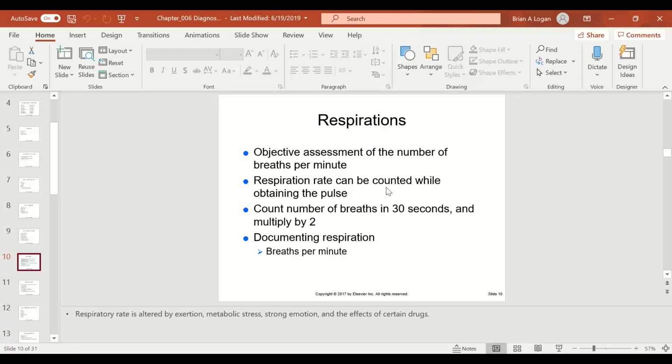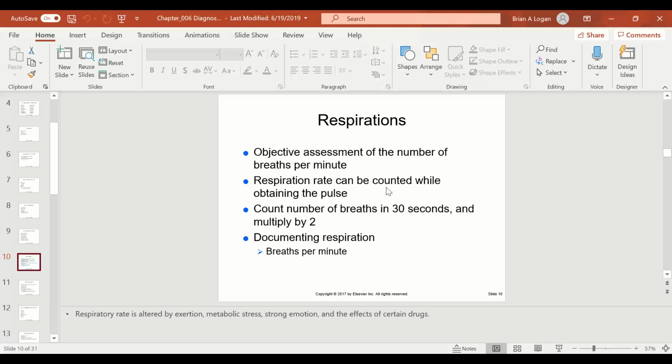Respirations, right? We're breathing, and remember, a breath is not just the intake, but also the exhale. So not just an inhale, but an inhale and an exhale together. So that's one breath. Typically, what you're watching for is the chest rise and fall. And like I said, you're going to usually get your respiration rate at the same time you're taking a pulse.